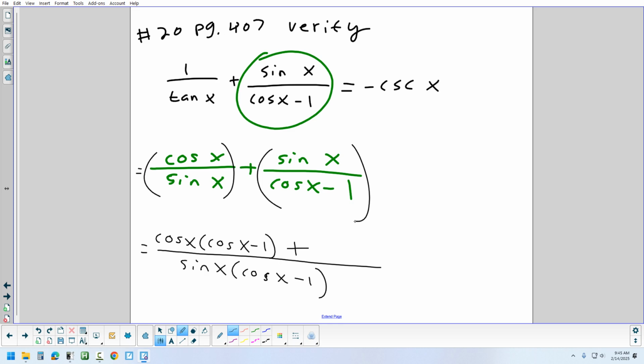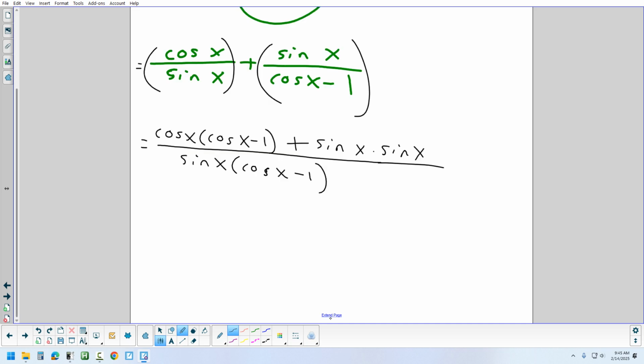Sine x. So we have sine x times sine x. I see some good things maybe happening here. So that's good. Let's distribute this out.